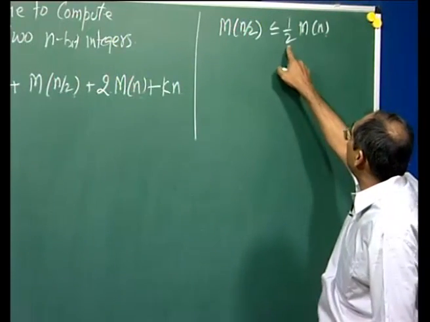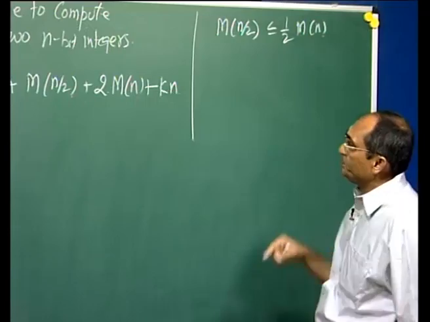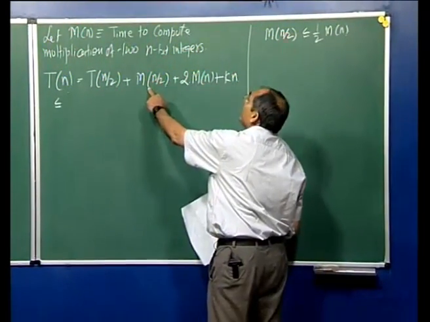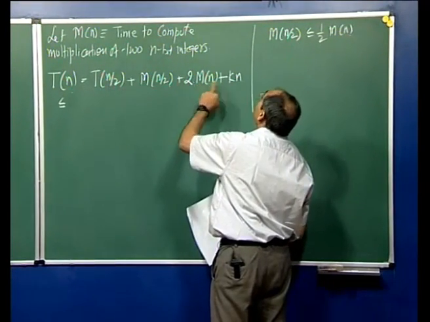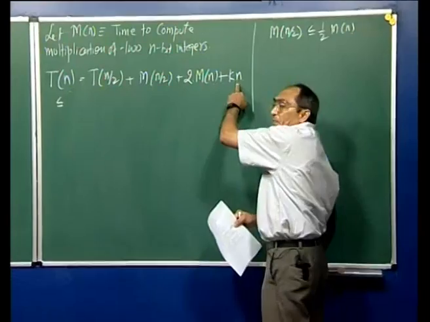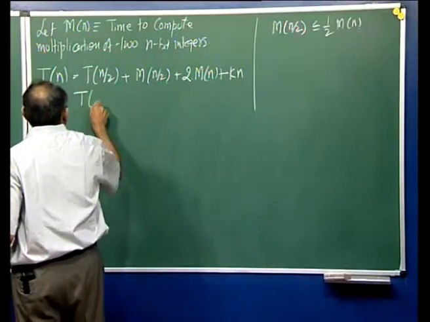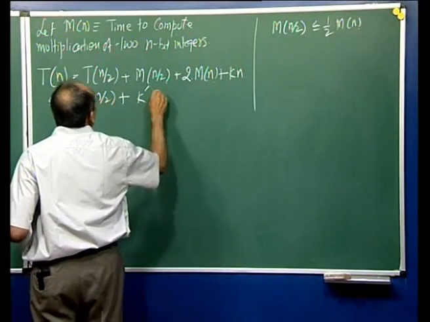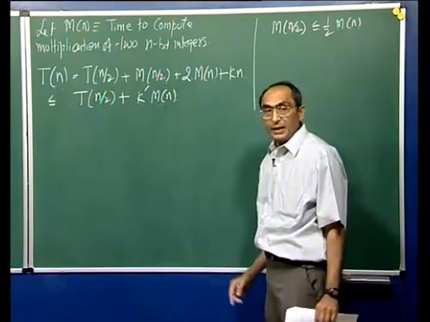So we know that M of n by 2 cannot be more than 1 by 2 M of n. So we have, let us say, 1 by 2 M of n to replace this, 2 M of n here, and maybe some k M of n here. So put together, this is plus k prime M of n for some constant k.